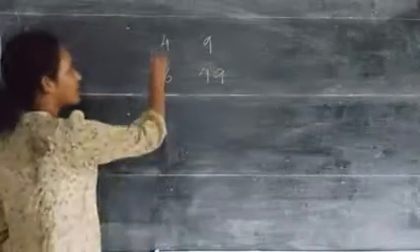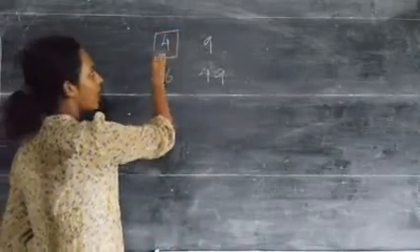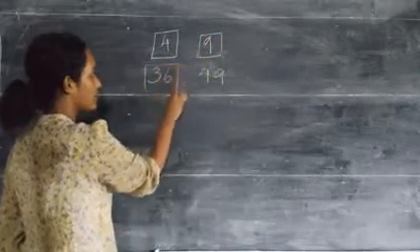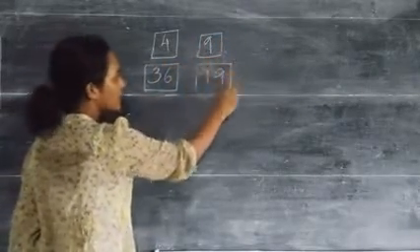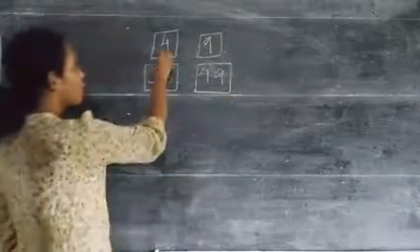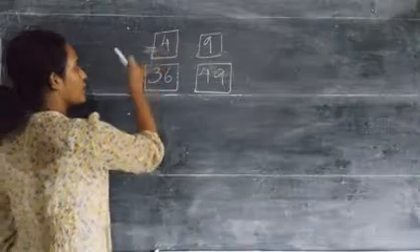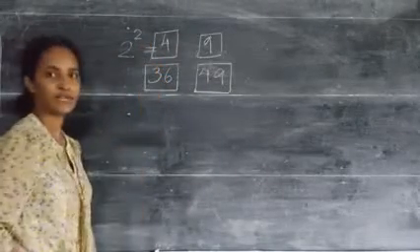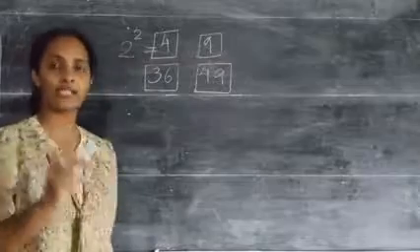Look at these numbers. These numbers are squares of some numbers, right? Like 4, for example. 4 is the square of which number? 2. 2 square is 4, right? You must know what squares and cubes are.